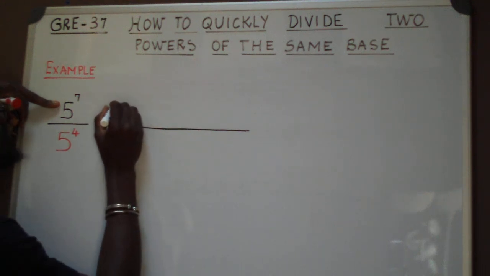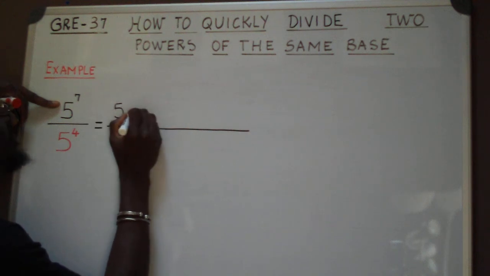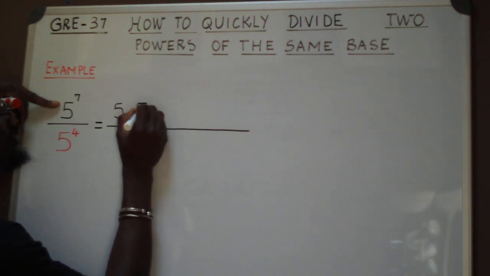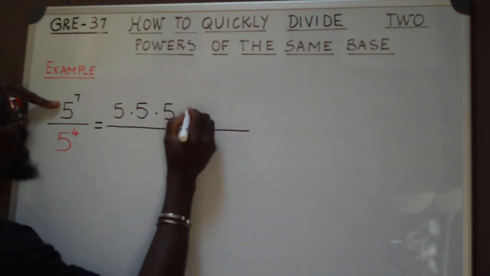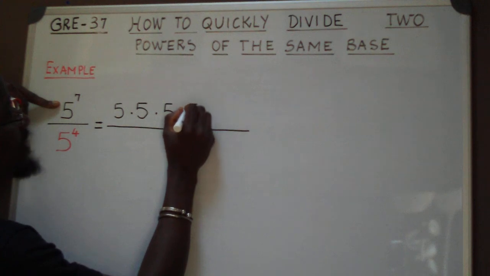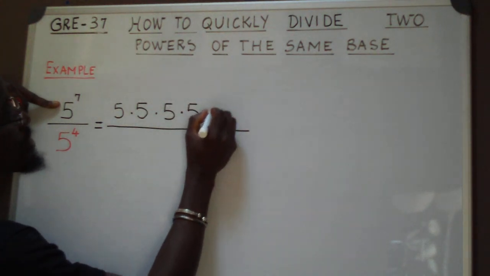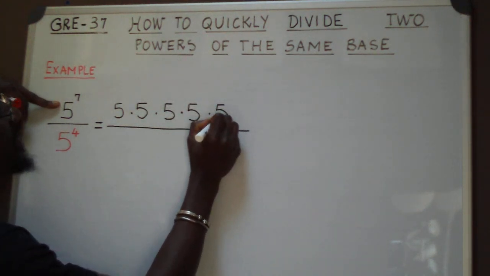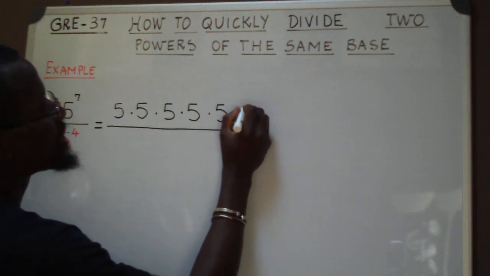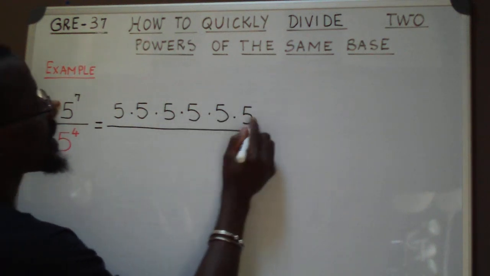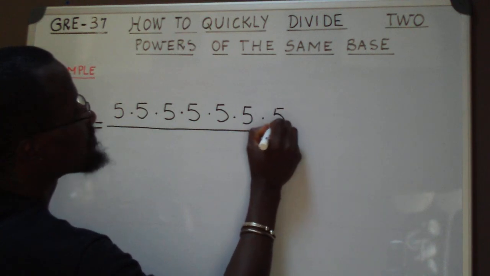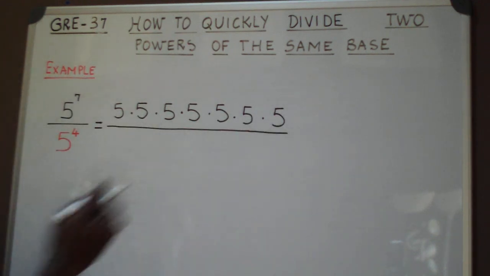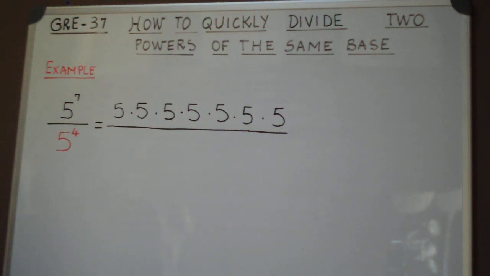So 5 to the exponent 7 is 5 multiplied by 5, multiplied by 5. So I have 3 factors, then multiply by 5, then by 5 again, then by 5. Here I have 6 factors, then multiply by 5.